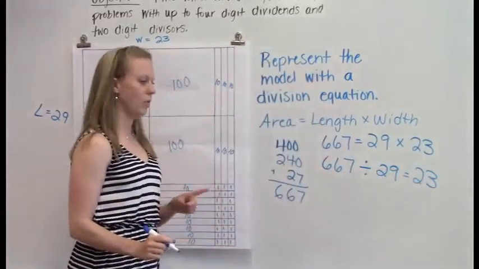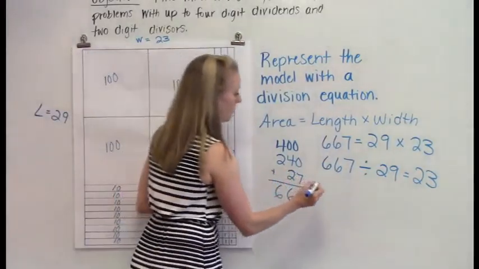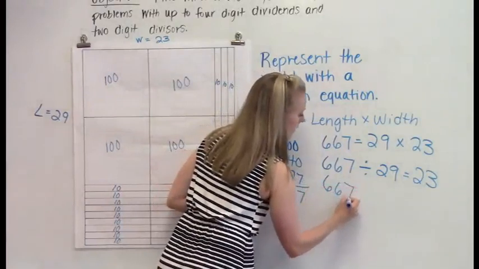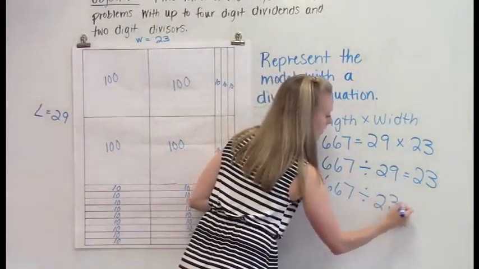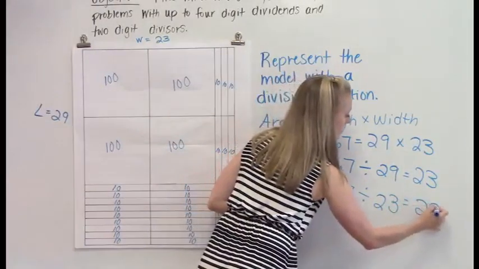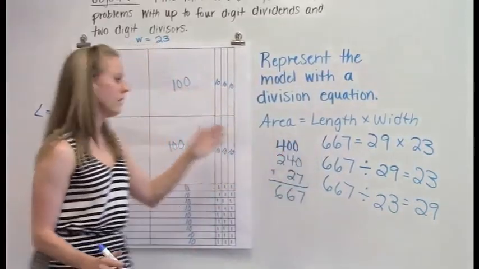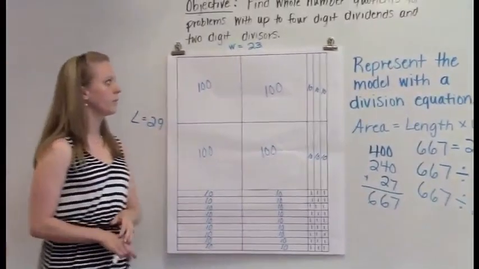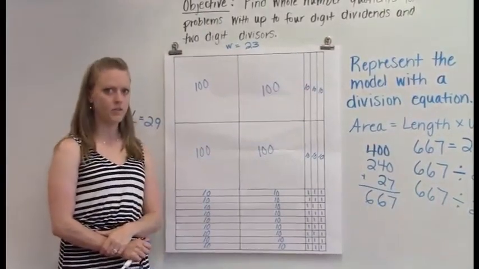That's one possible matching division equation that fits our model. The other one would be 667 divided by 23 is equal to 29. Both of these would be correct equations that represent our model. And that's representing a model as a division equation.